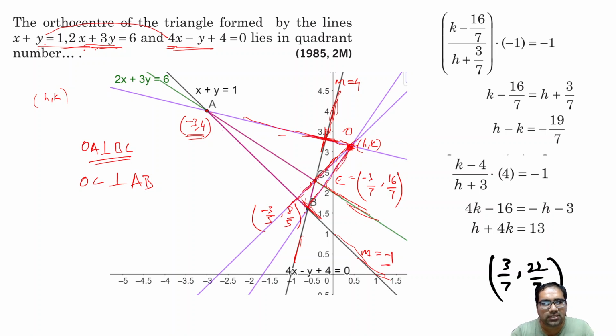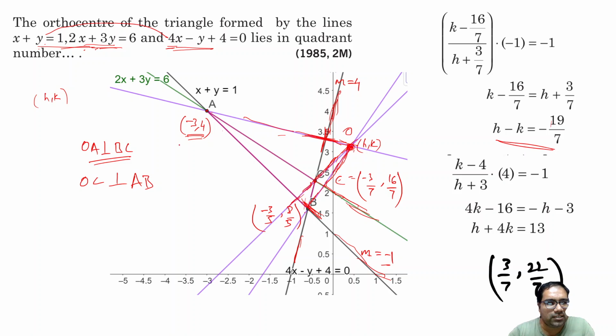So this line is perpendicular to this line, and the product of these slopes should be equal to minus 1. If you simplify this, we get this relation between H and K: H minus K equals minus 19 by 7.